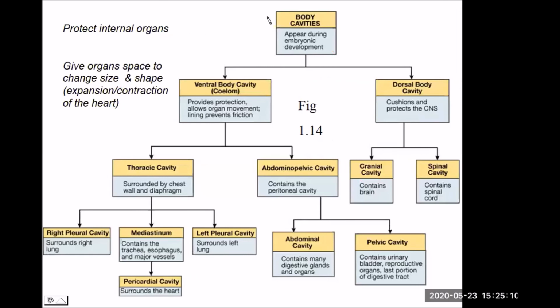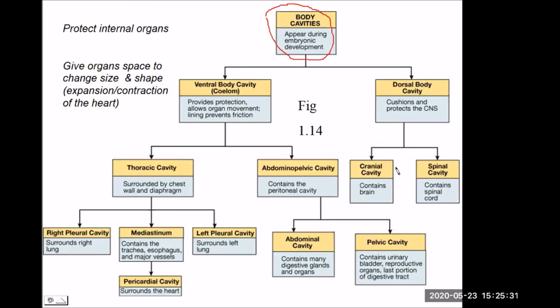We have the body cavities, and these are the spaces within our body that are then filled with various organs. As an example, the cranial cavity, we're looking at the top part of the skull, and that's the location of our brain.